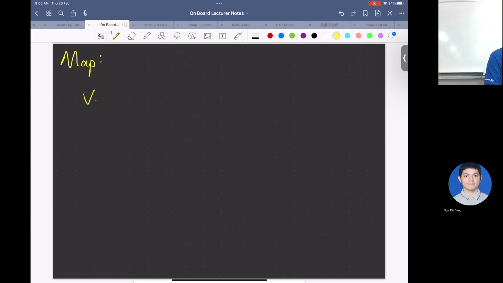So in this week's story, we start with a vector space. A vector space contains two operations, vector addition and scalar multiplication.